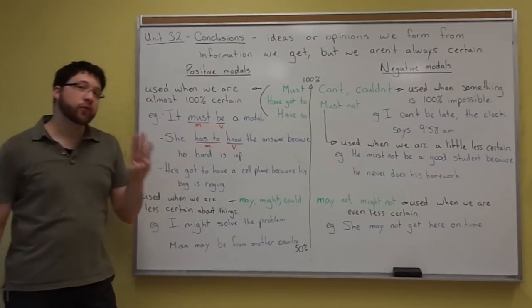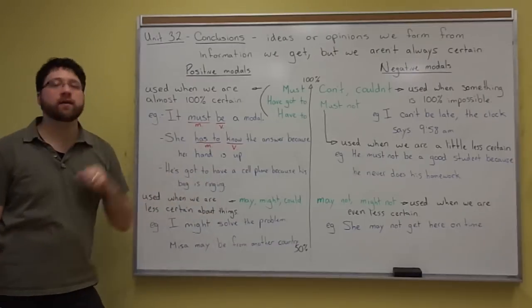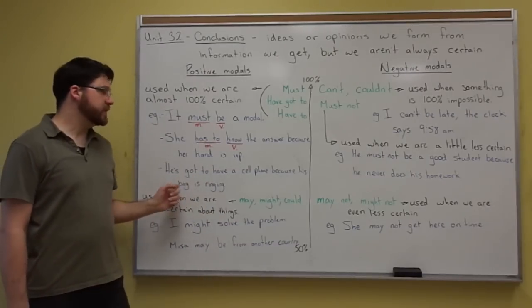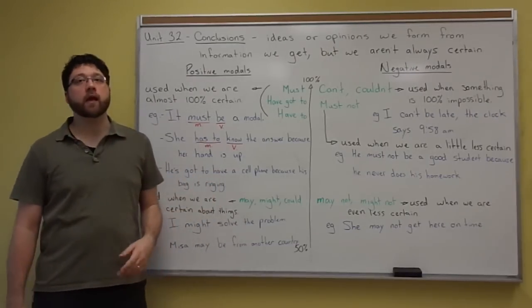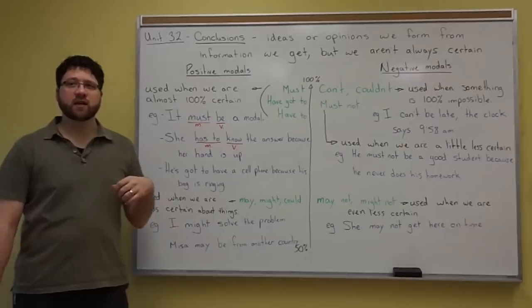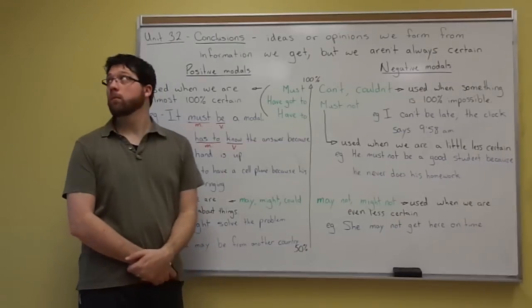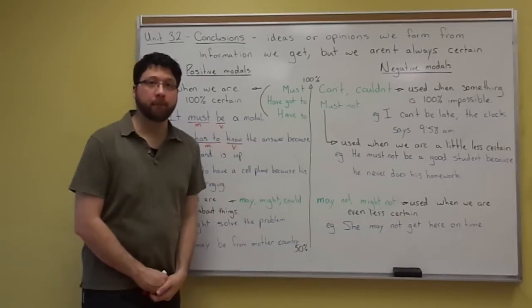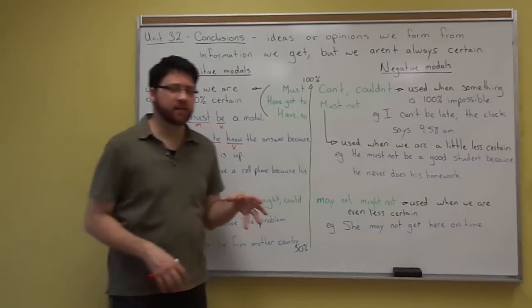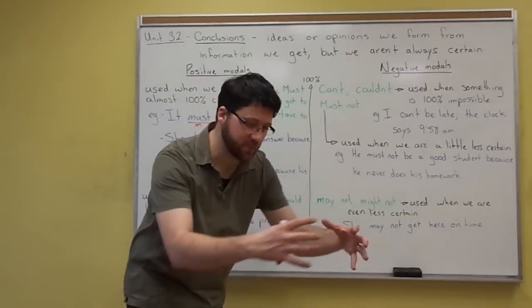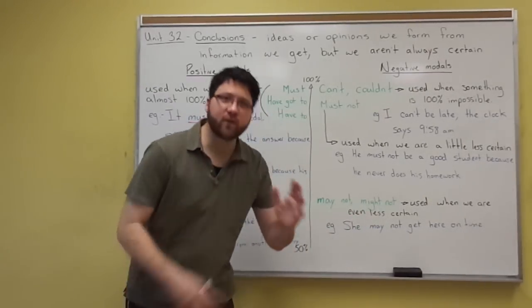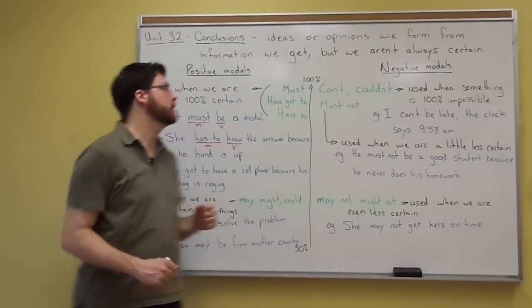Okay. And our third one, he's got to have a cell phone because his bag is ringing. Sometimes in class you hear a cell phone ringing and everyone looks around. And if you follow it, maybe you'll find one person's backpack. Your bag is ringing.